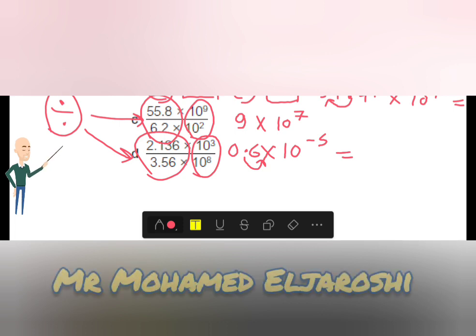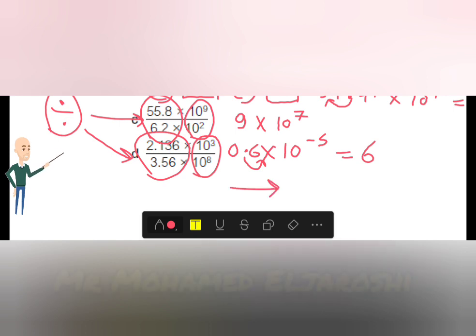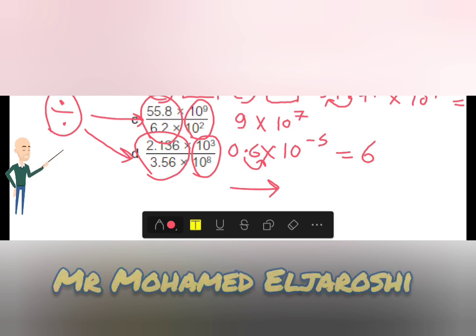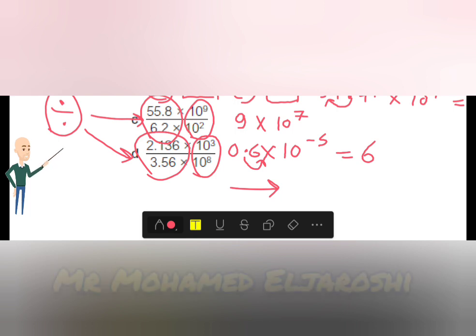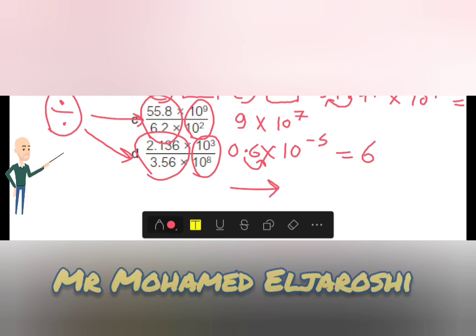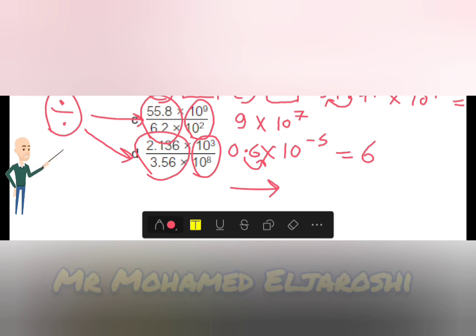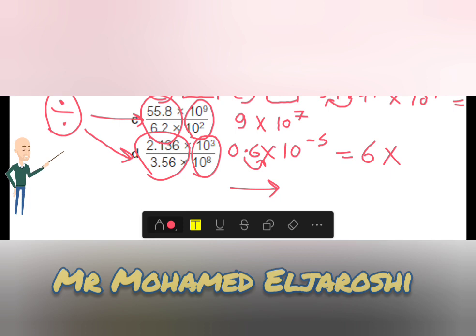Here. And because I moved this way, which is the negative side, I'm gonna what? I'm gonna, very good, subtract 1 from negative 5. So it's gonna be what? Very good, it's gonna be negative 6. So 6 times 10 with the power of negative 6.